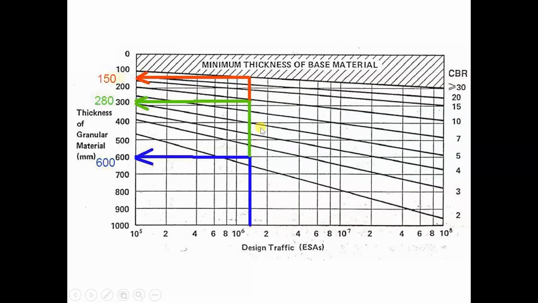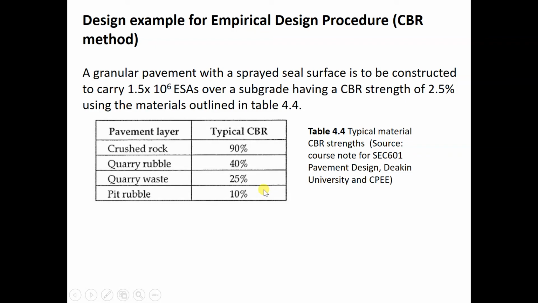The traffic loading is the same for all the different layers, about 1 times 10 to the power 6 ESA. But the real subgrade at the bottom of the road, at the formation level, has a CBR of 2.5%.